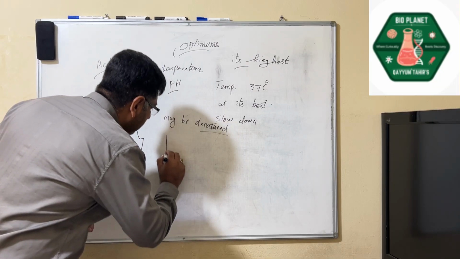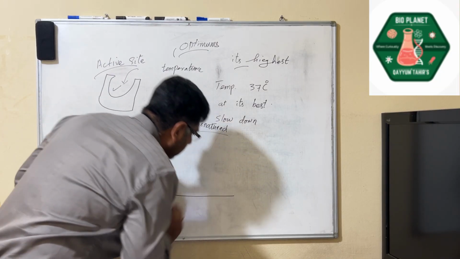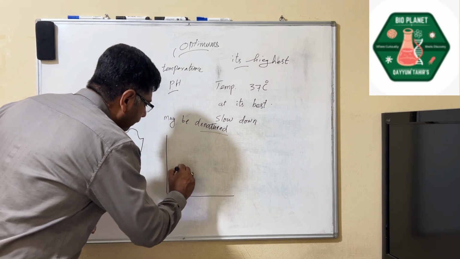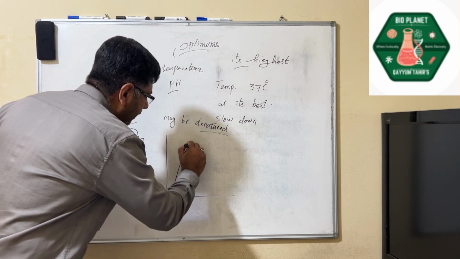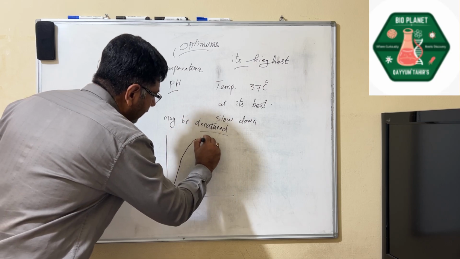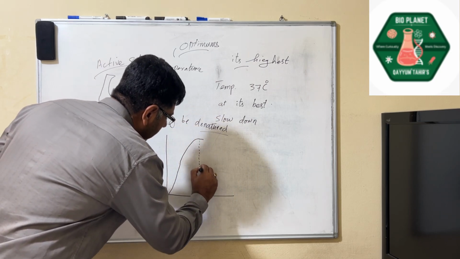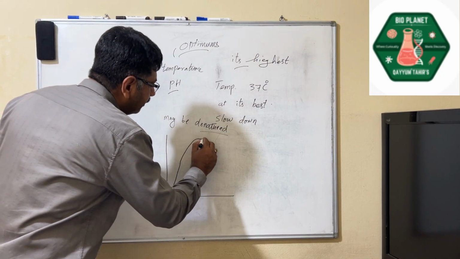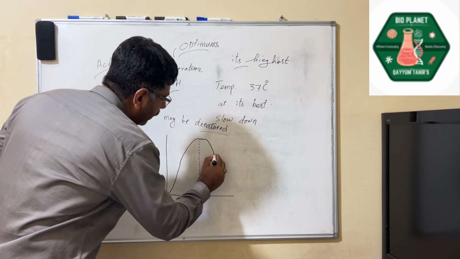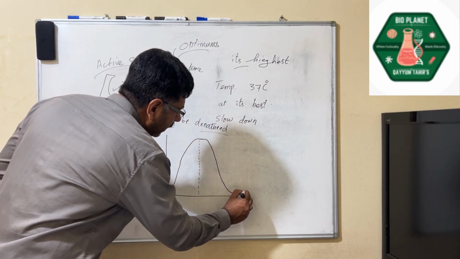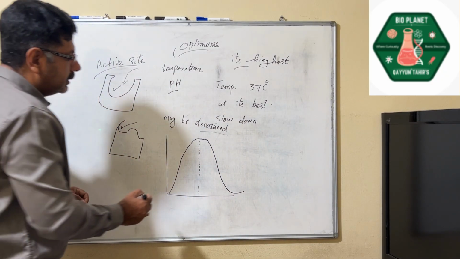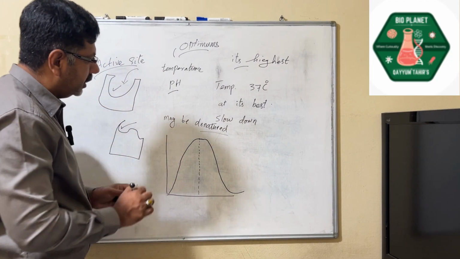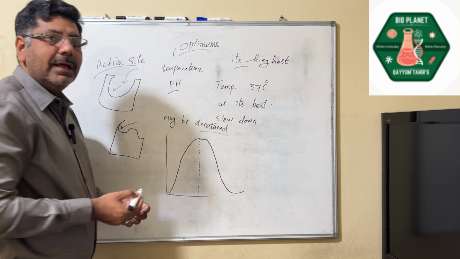If we see the temperature graph, at the start the rate of reaction will increase, and at a certain temperature it will be maximum. This is the optimum temperature. After that, the enzyme activity will reduce and may become zero. Clear? After the optimum temperature, it will retard.